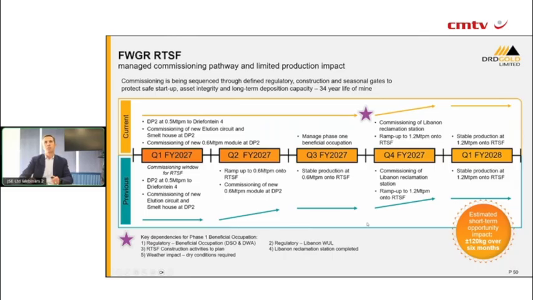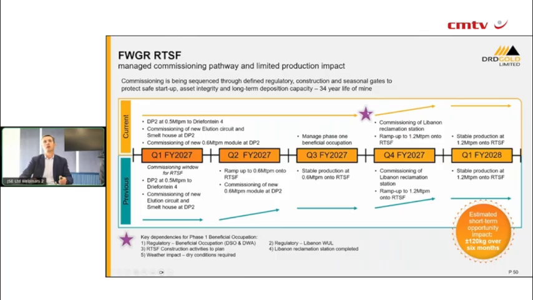But this is dependent on a few things. Obviously, getting a regulatory approval, getting the Libanon facility up and running, making sure that the construction is happening on time, but also depending on weather. So the impact that additional rain can have and the risk that that poses for this facility. And therefore, the current planning for us is to continuously look at this opportunity and see how the construction of this facility is looking.